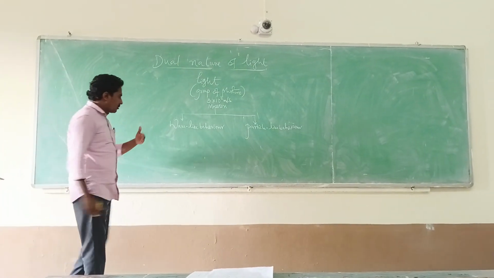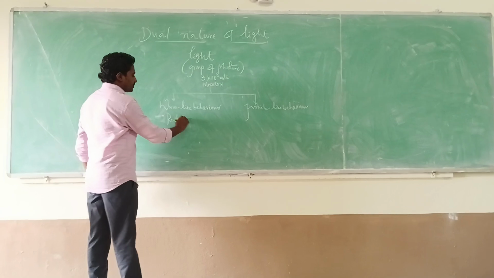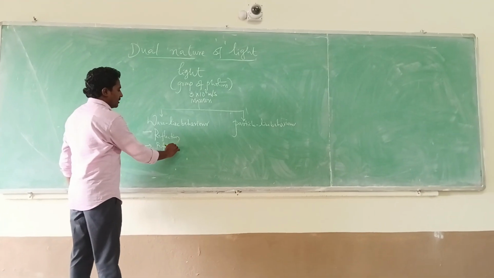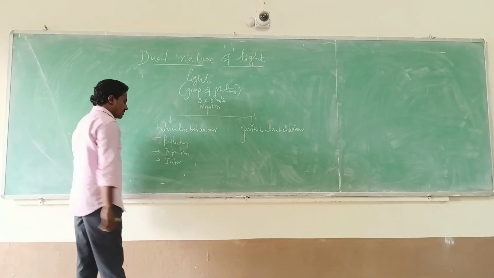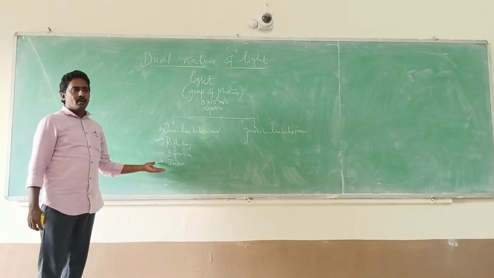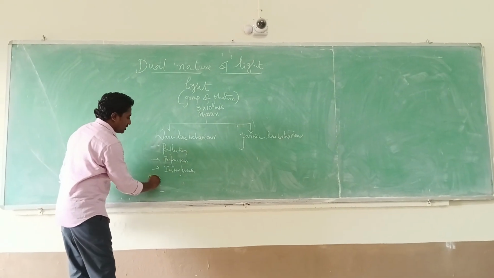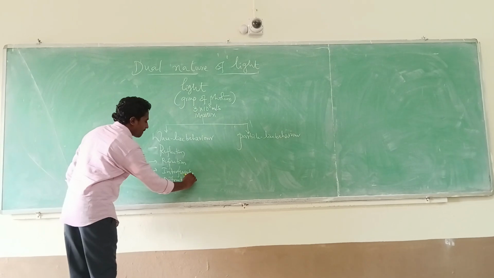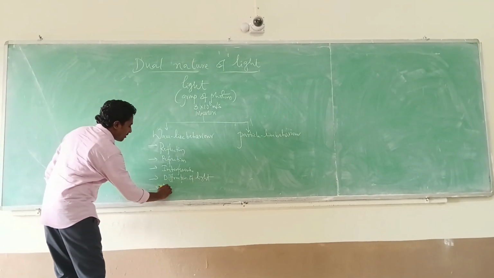You know the phenomena like reflection, refraction, and the very important concept of interference. So we have interference of light, diffraction of light, and polarization of light.